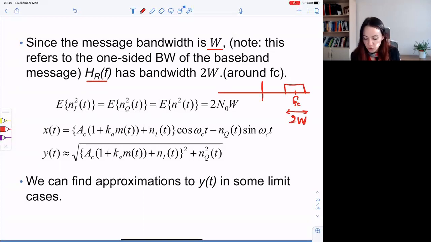Okay, so we're talking about the bandpass noise having PSD equal to N0 over 2 in a passband of size 2W in positive and negative frequencies.